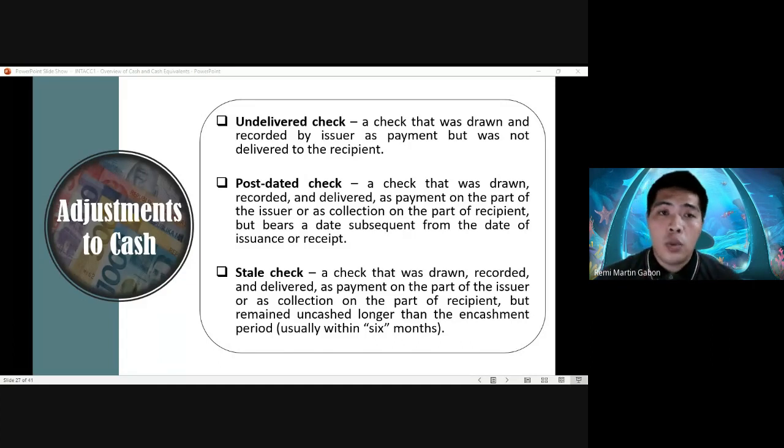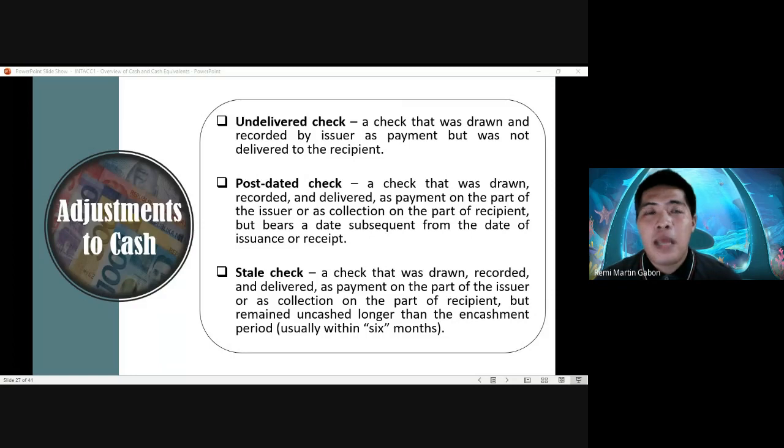Post-dated check includes a specific date in the face of the check that temporarily limits the encashment of that check. So for example, I receive a check today, November 25, but in the check, there is a date, December 31, meaning I have to wait until December 31 before I can encash the check, because no matter how many times I present the check before December 31, hindi may encash yung check na yan.